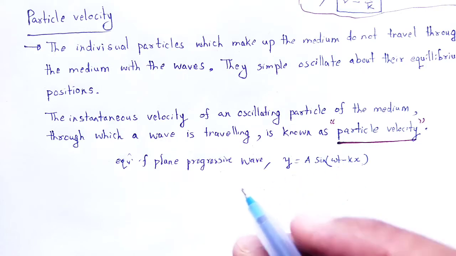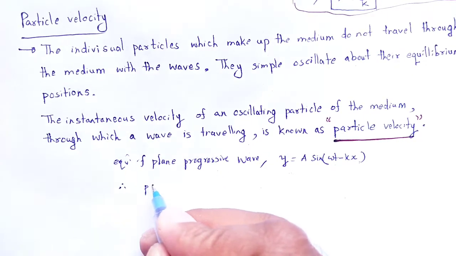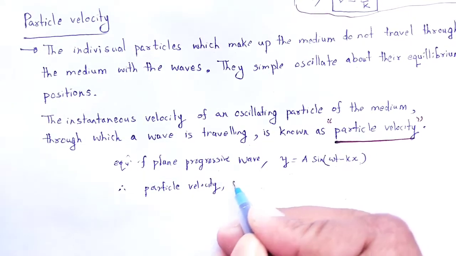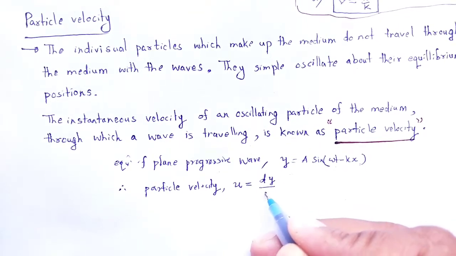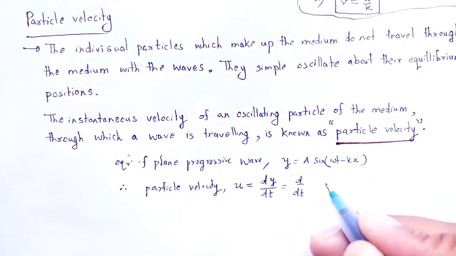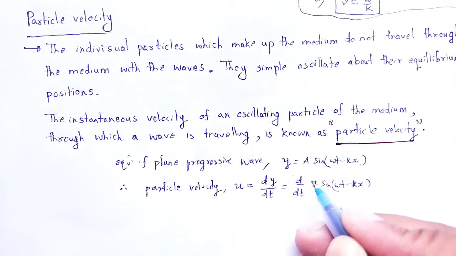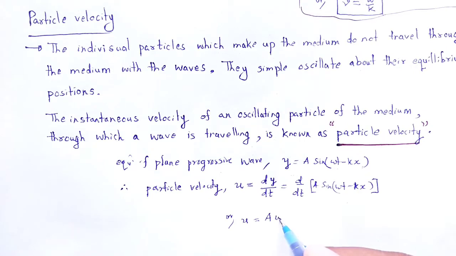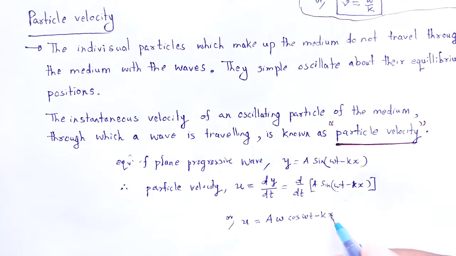The particle velocity we obtain is u, equal to the rate of change of displacement, dy/dt, that is d/dt of a sin(ωt − kx), or u is equal to aω cos(ωt − kx).